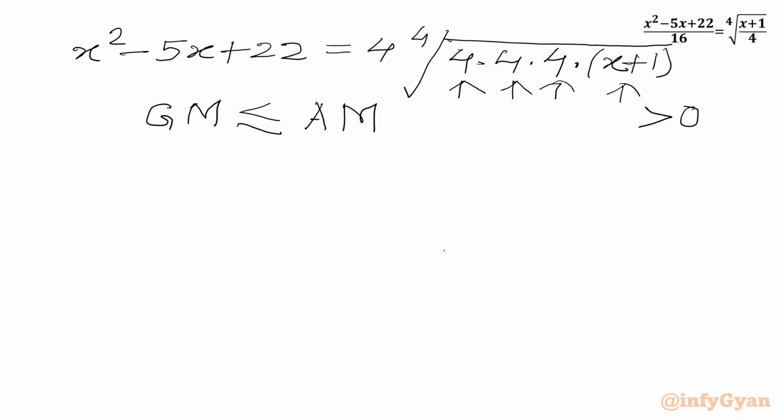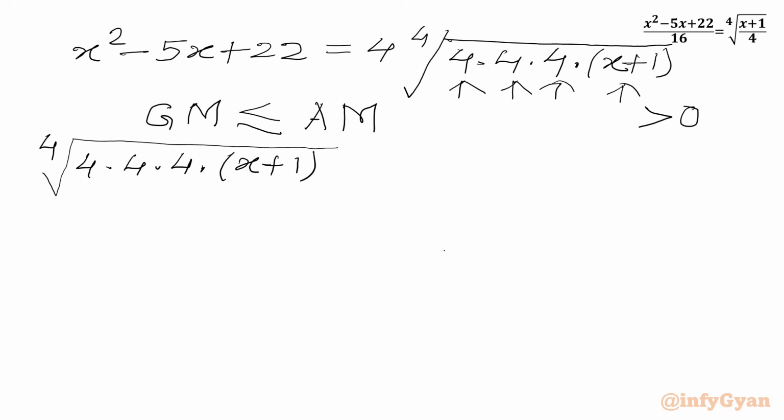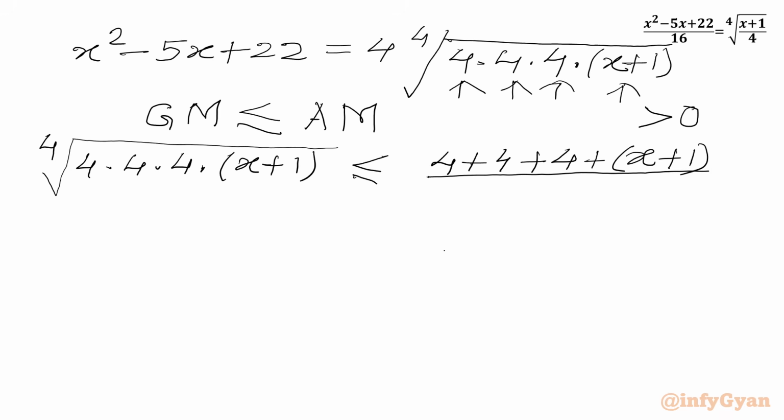So we'll find the GM of 4 numbers: 4 times 4 times 4 times (x + 1) inside the 4th root. Now we have to write the arithmetic mean of 4 numbers: 4 + 4 + 4 + x + 1, divided by 4.